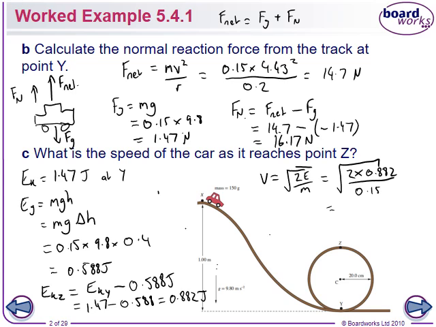And hopefully, if we've done this correctly, this should be a little bit slower than it was. And I get 3.43 meters per second. Excellent. So, from memory, on the previous slide, we worked out at point Y, it was travelling at 4.43. So to get up to point Z, it slowed down to 3.43.